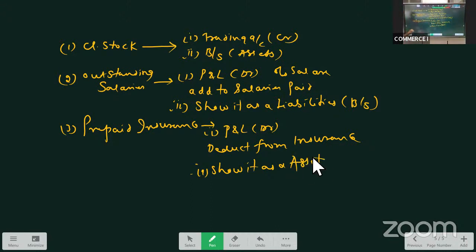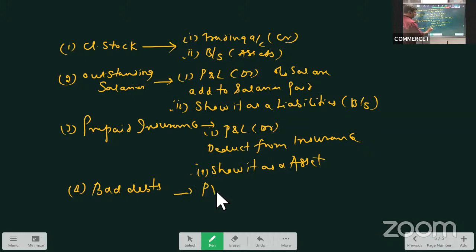Then the fourth one is bad debts, I told you. Bad debts are irrecoverable debts. The amount which we couldn't realize because of the insolvency of the debtor, or because the debtor is absconding, we are not in a position to realize that amount. So that again is a loss to us.